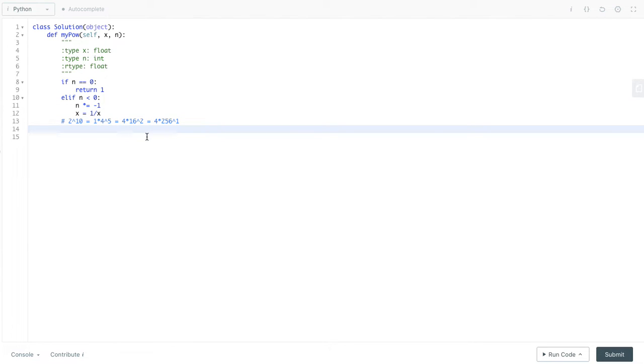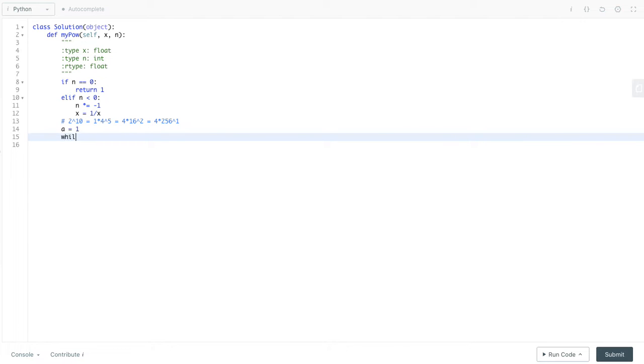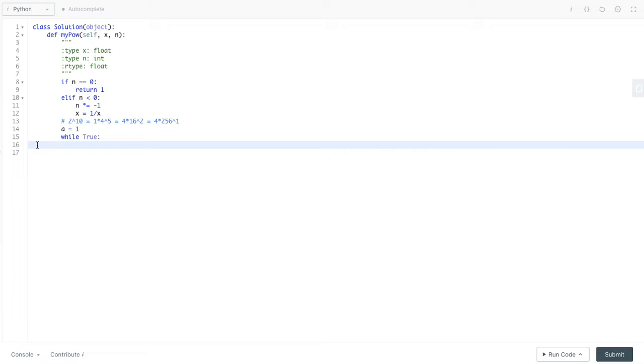So as you can notice here, there's a leading coefficient, beginning with 1 and then becoming 4. So we say this leading coefficient should be 1 to begin with. Next, we're going to run a while true loop to handle all different kinds of conditions in an iterative way.